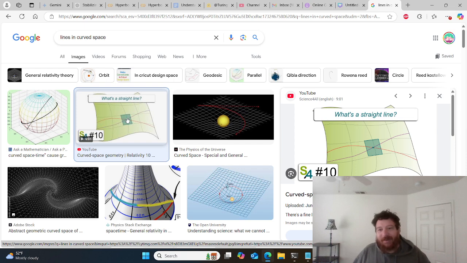The reason why they're intersecting is because of curved space geometry. And the bottom line is that lines operate differently in curved space than they do in straight space, right? When you deal with the realm of geometry very specifically, we're dealing with the realm of non-curved space.